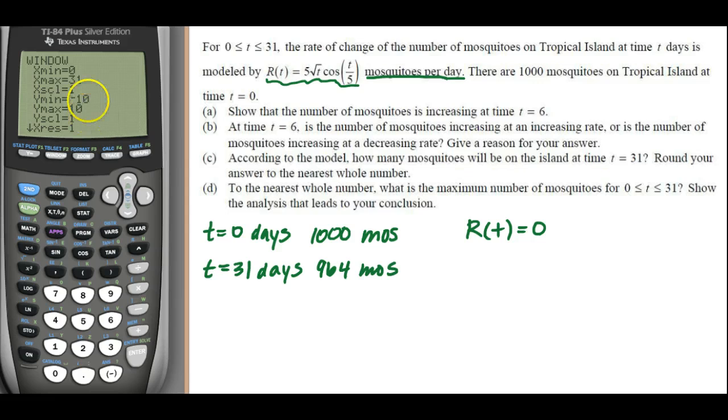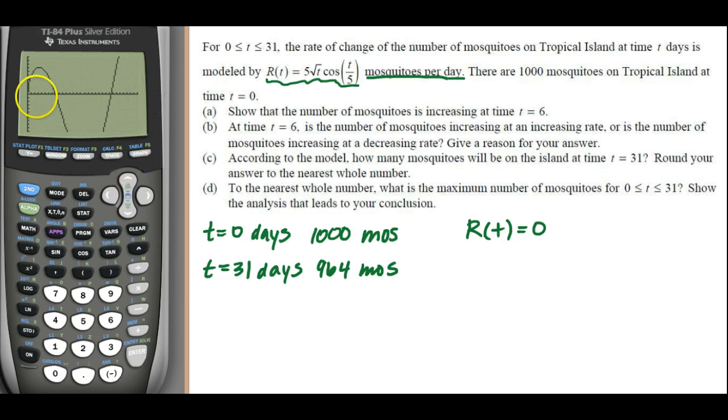Alright, so now our y min, y being the output. So here, let's just go ahead and leave -10 to 10, because we're not entirely sure what this function is necessarily going to look like. I mean, it has the cosine function in it. Cosine itself goes from -1 to 1, but just to see, let's go ahead and graph this function.